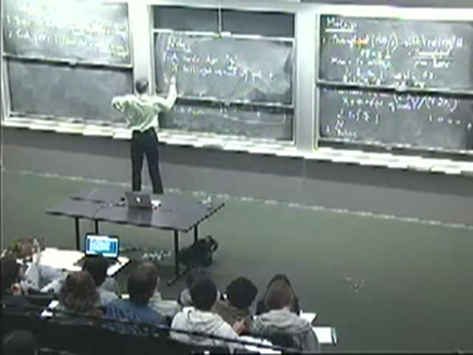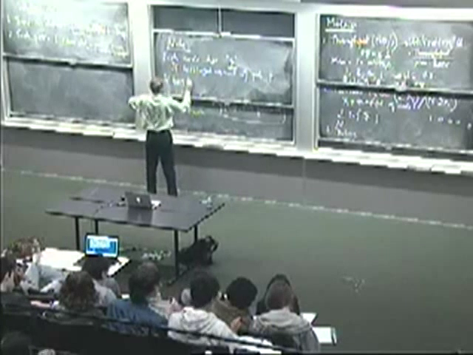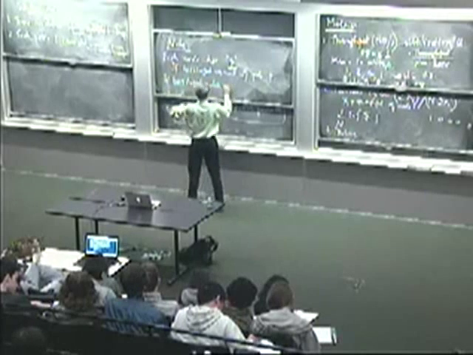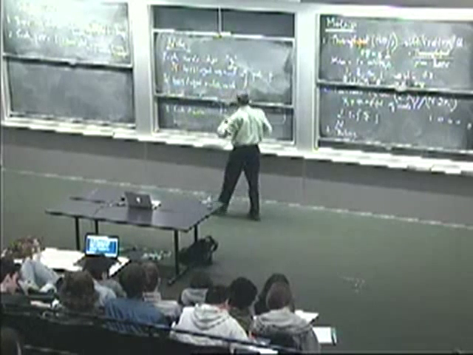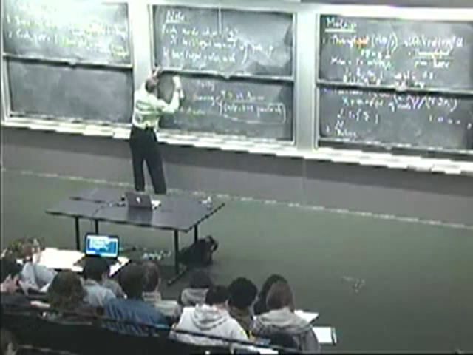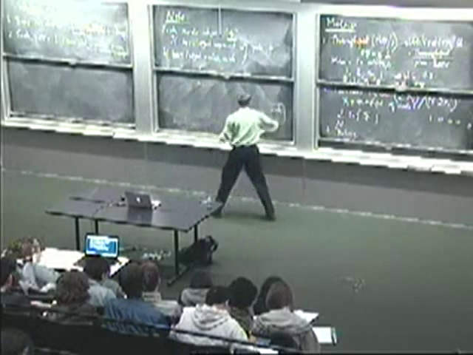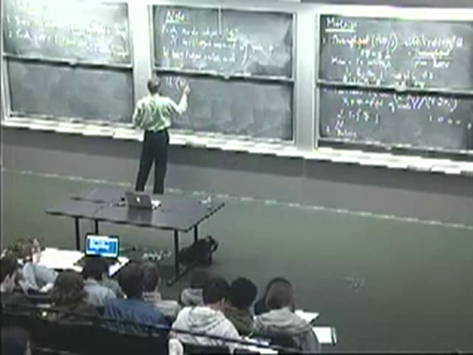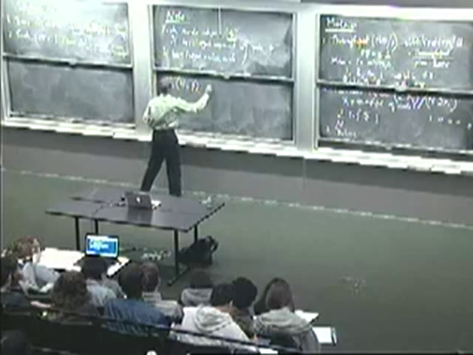So if I have n backlogged nodes, each transmitting with this probability P, what is the utilization of the protocol? I want to know what is the utilization, which is, of course, a function of n and P.